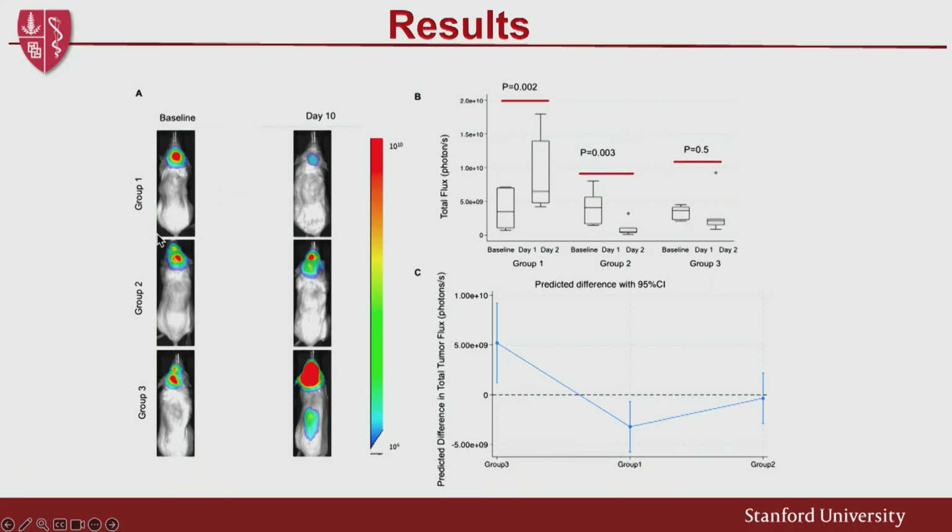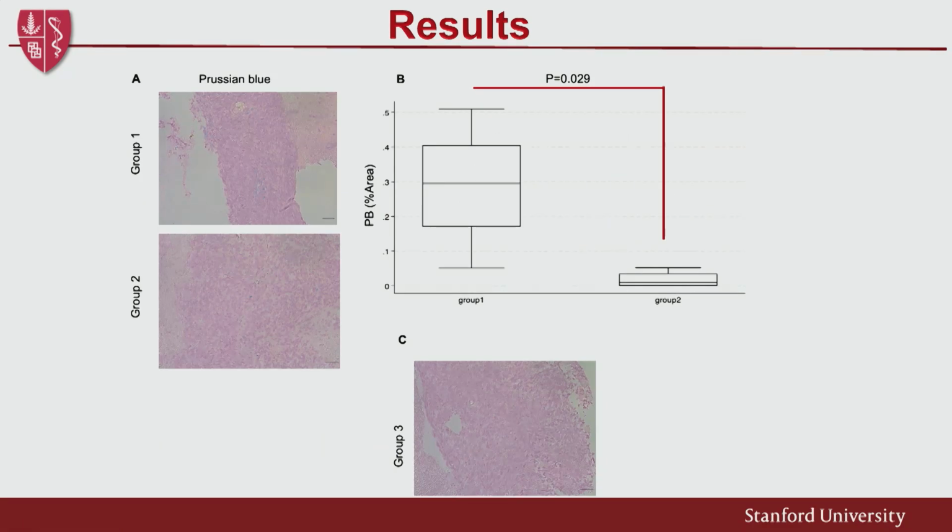And after 10 days, when we did BLI, in the combination group therapy, we have a higher reduction of the signal in the BLI. But in the group 2 monotherapy group, we relatively have a stable signal. And in the control group, we have an increase in the signal, which means we have an increase in tumor progression.